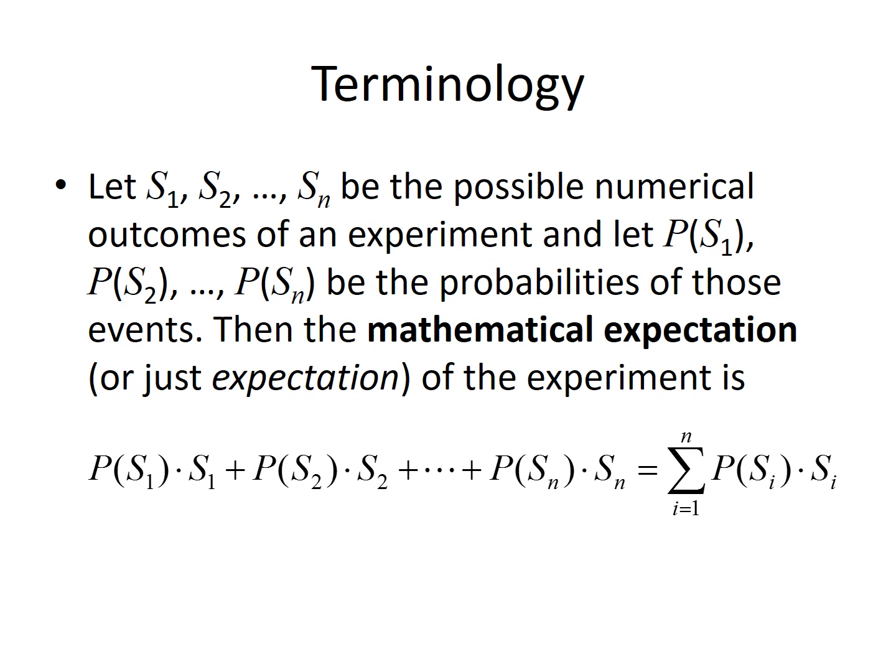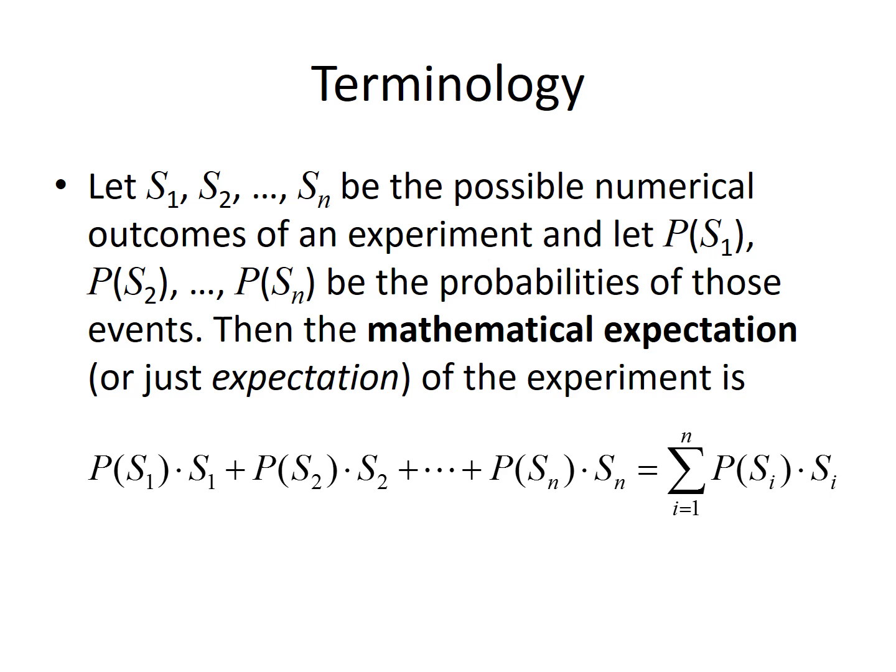Here's another definition. Let S1, S2, all the way up to Sn be the possible numerical outcomes of an experiment, and let the probability of S1, the probability of S2, all the way to the probability of Sn be the probabilities of those events.